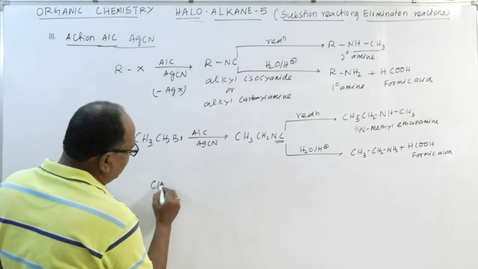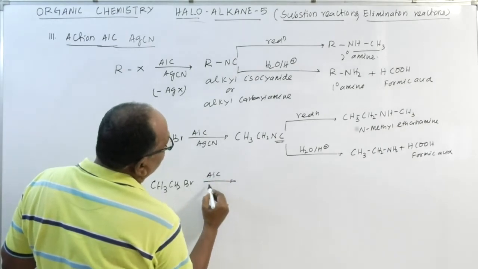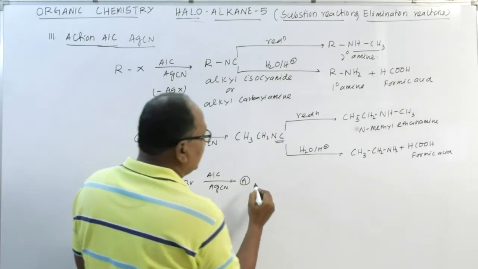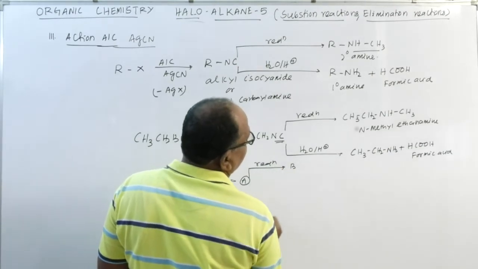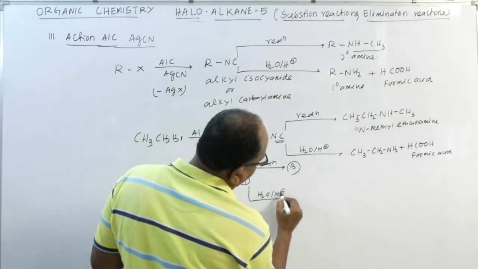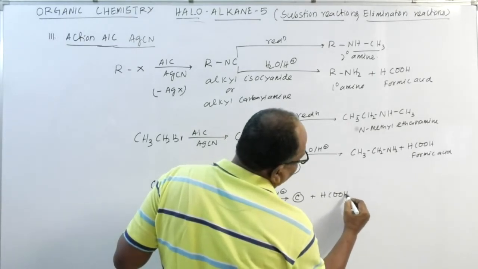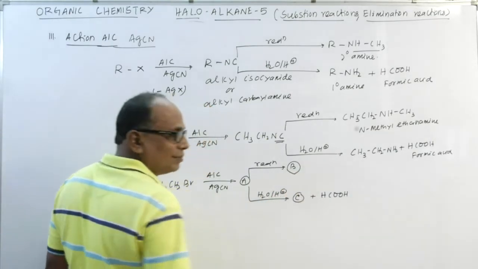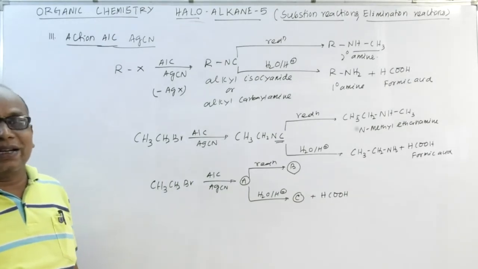Suppose ethyl bromide reacts with an alcoholic solution of AgCN, it gives A. This on reduction gives B, and on hydrolysis gives C plus formic acid. Can you identify what is A, what is B, what is C? By using this, you can easily identify.